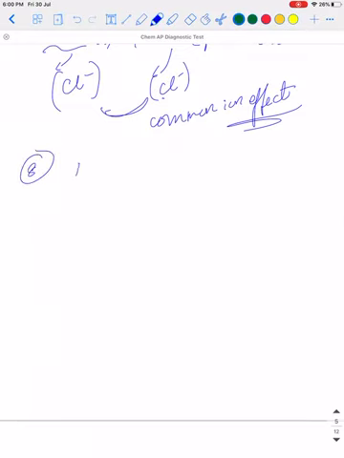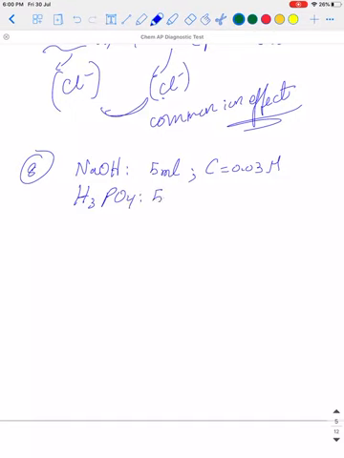In order to figure it out, I have 5 mL of NaOH at 0.03 molar combined with phosphoric acid, 5 mL as well, with concentration 0.01 molar.